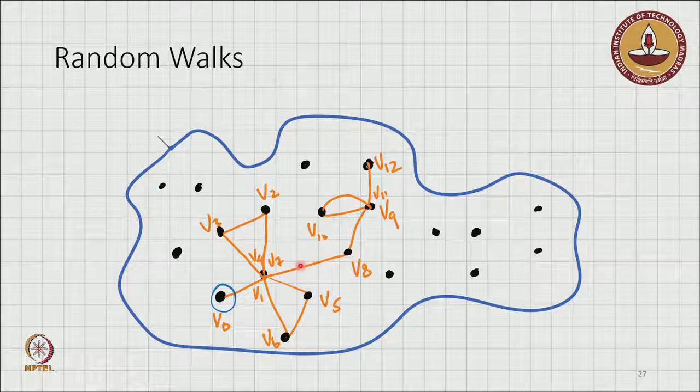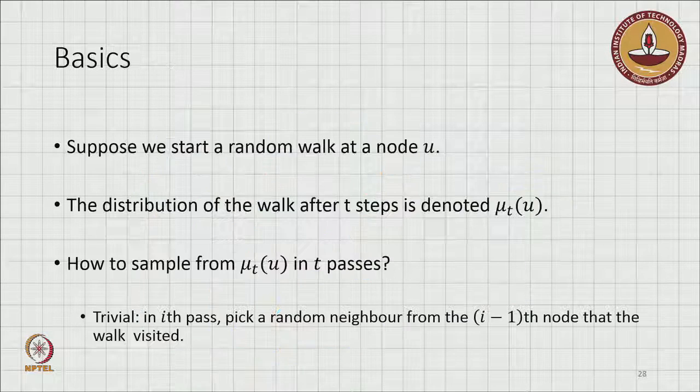But just to note that this was the vertex visited fourth, for our random walk purposes, we label this vertex again as V4, then we go to V5, V6, and then come back to this vertex. Now we call it V7, then V8, V9, V10, and come back and call it V11 and V12. Okay, so this is an example of a random walk.